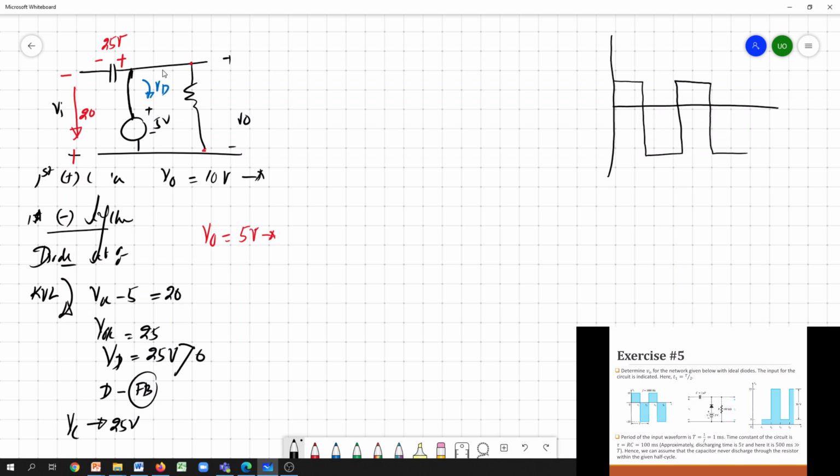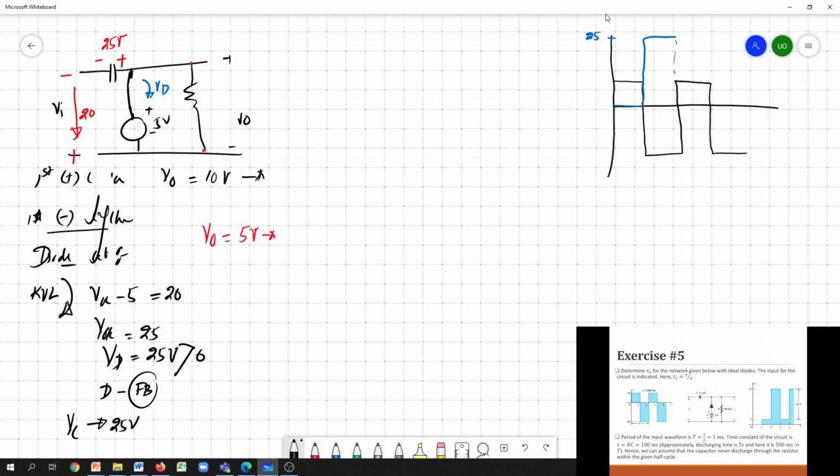So during this first cycle, the voltage across the capacitor is 0. So then during the second cycle, it is basically charged to 25. So this is 25 volt.